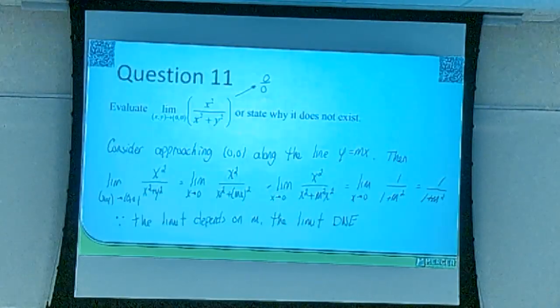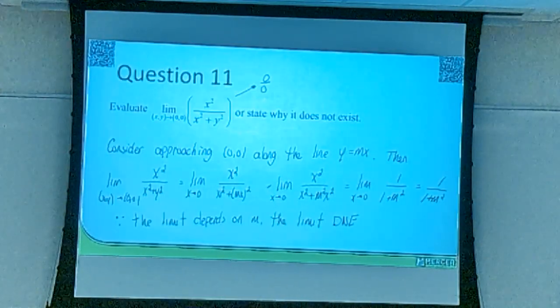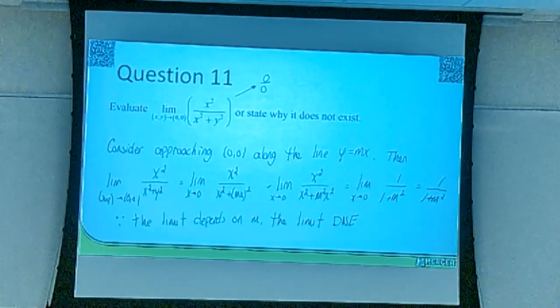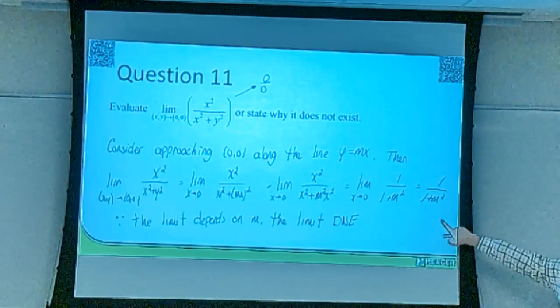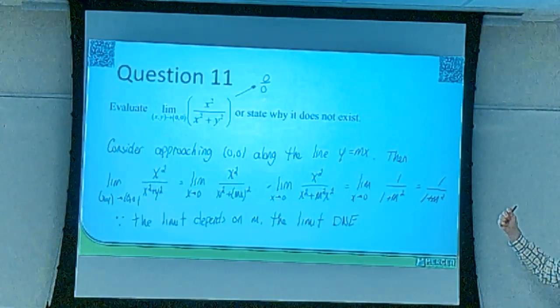Another way you can do this is you could just pick 2 lines. You could do y equals 0 and x equals 0 and see what happens. Those limits also won't be the same, and you can conclude that it doesn't exist. Now we have to be careful. If that m wasn't there, that doesn't mean the limit exists.